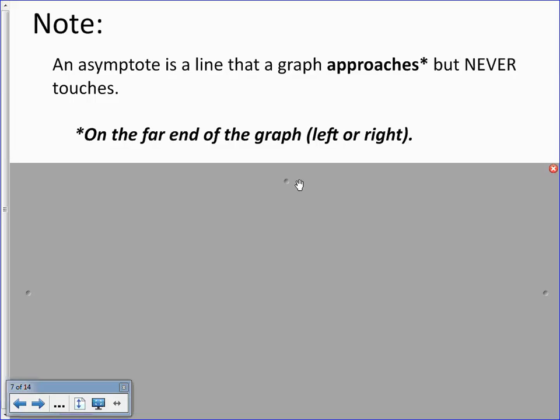So I'm putting a little asterisk here to say we're never going to touch the asymptote, or we're going to approach the asymptote. And really, mathematically, we mean that happens on the far left or the far right side of the graph. But somewhere in the middle, we might actually end up crossing the asymptote.